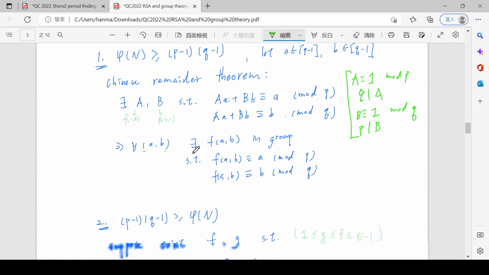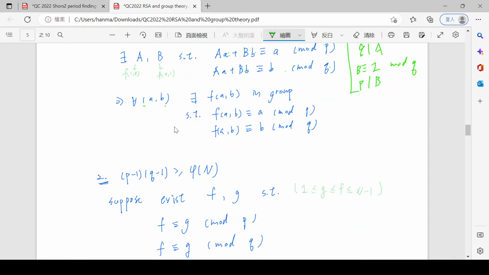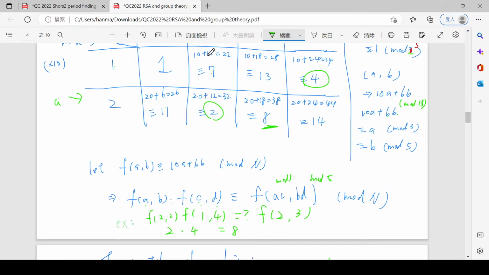And obviously, we also need to prove that every slot in this table is different, right?